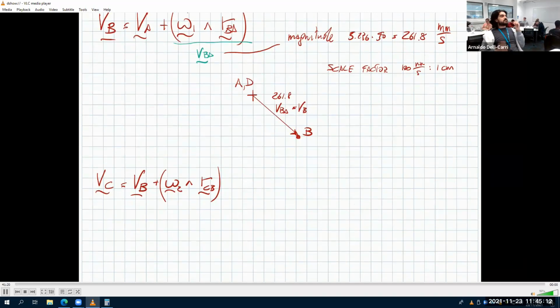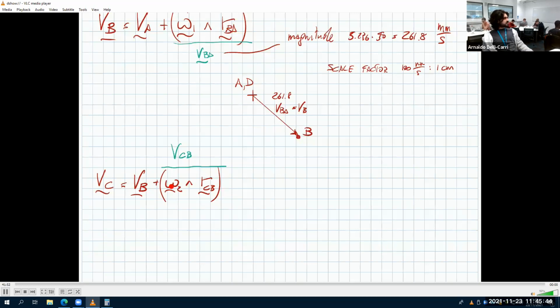So we have an issue here. We have VB, but we have no idea how much omega 2 is. Agreed? We don't know. But we do know that this thing, which is, remember, always VC with respect to B, this VCB, we can find the direction, because we know this is a vector product.